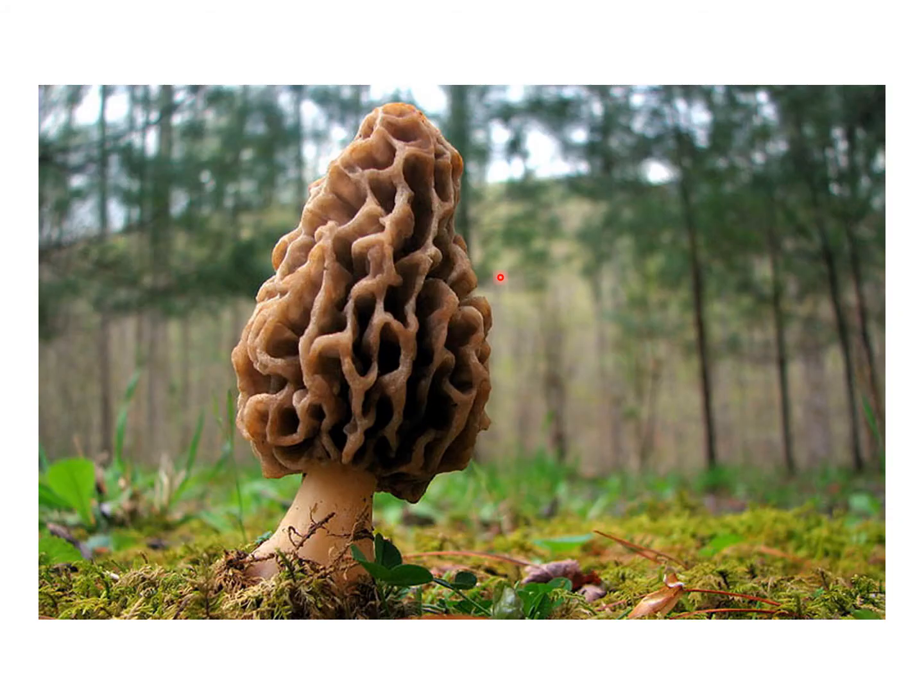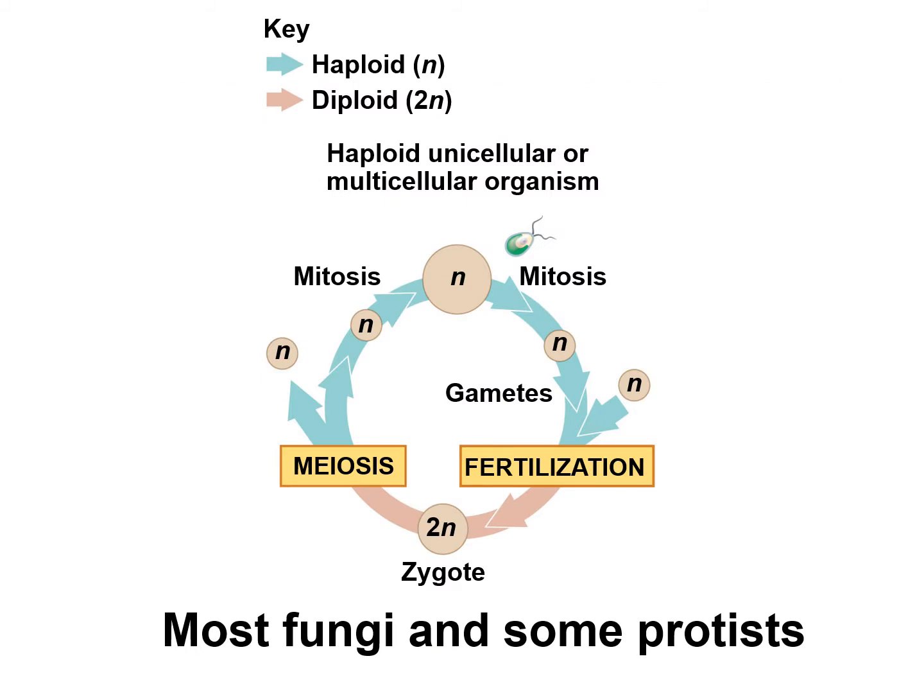Look no further than mushrooms, like this very, very delicious morel mushroom. This is a sporophyte. Okay, this is a sporophyte. It creates spores that then fly out and then create haploid gametophytes. Again, we have that zygote. It's only one cell when we talk about fungi and protists.